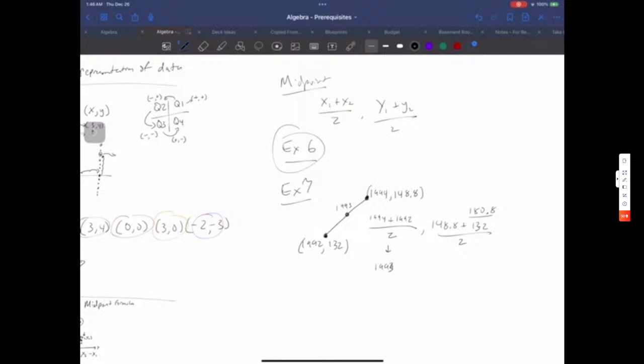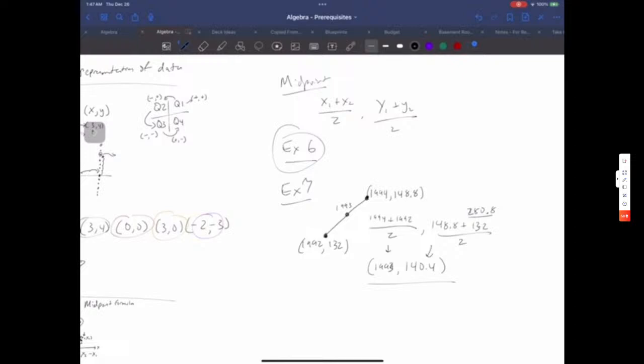Divided by 2 is 140.4. And that's going to be your midpoint, 140.4. So we can estimate that the sales are 140.4.